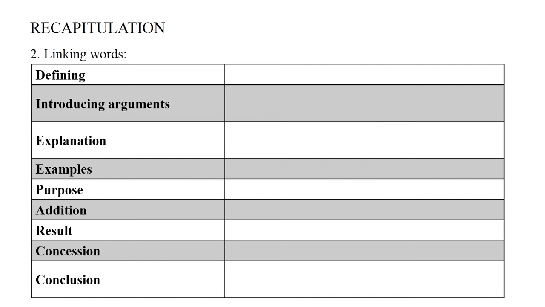And then the second thing we have seen is linking words. To write an argumentative essay, I am in need of certain linking words, just like defining. To define our concepts or our topic, I may use defining expressions like refer to, can be defined as, and means.